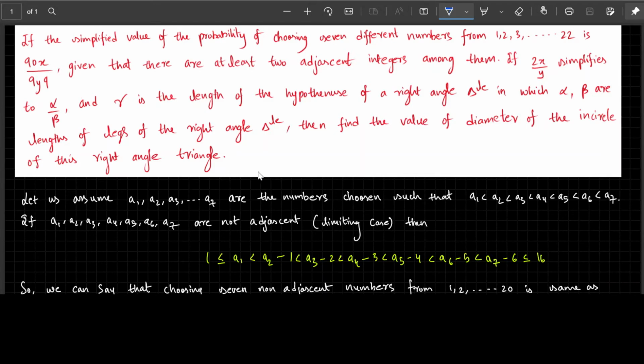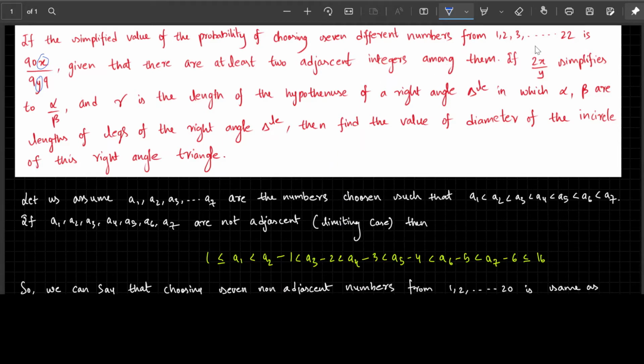Okay, so this question says, if the simplified value of the probability of choosing 7 different numbers from 1, 2, 3 and so on till 22 is 90x divided by 919, where x is the unknown value here, given that there are at least 2 adjacent integers among them.